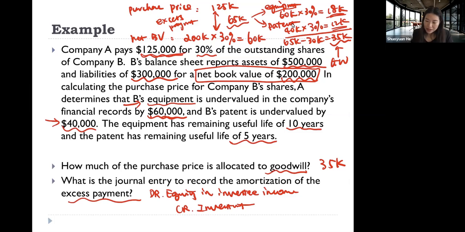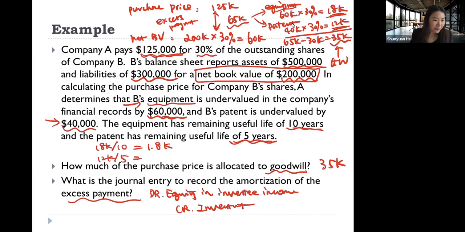For the equipment, the difference between fair and book value is 18,000, and the remaining useful life is 10 years, so it is amortized over 10 years. Each year, the amortization is 1.8 thousand. For the patent, the difference between fair and book value is 12,000, and it is amortized over 5 years.